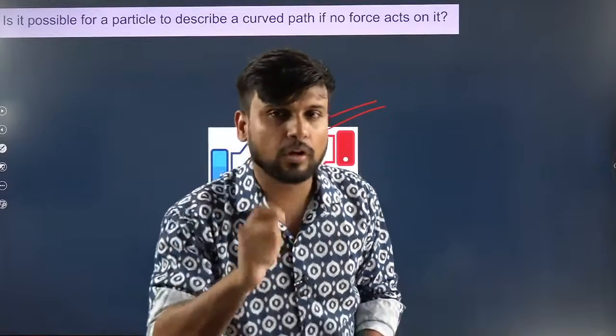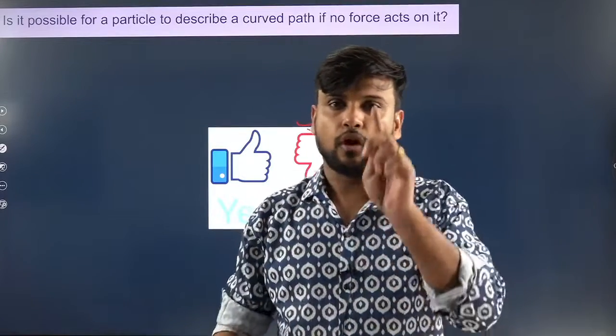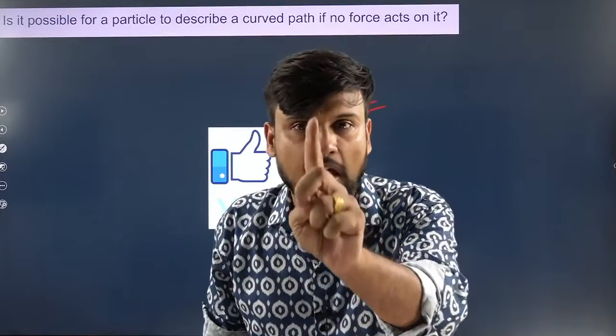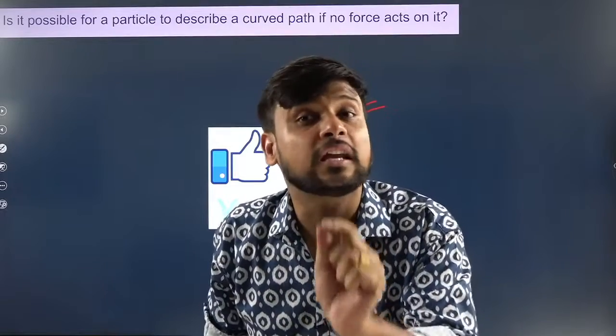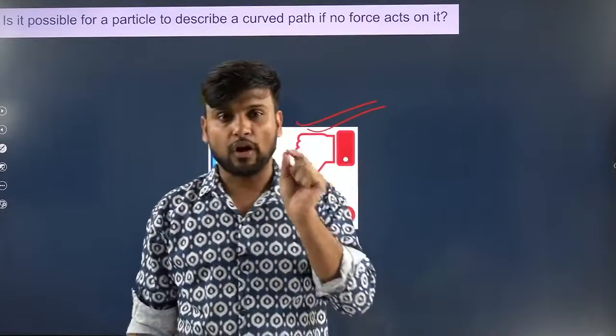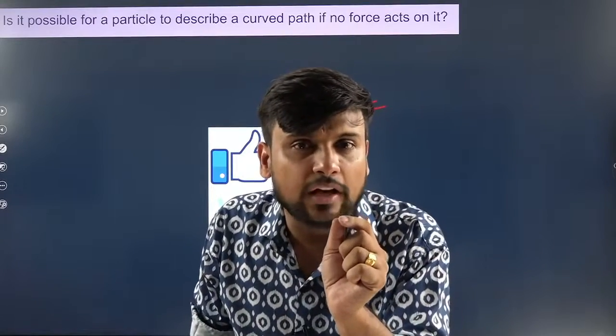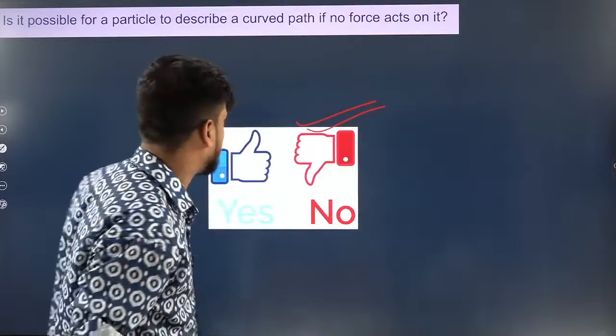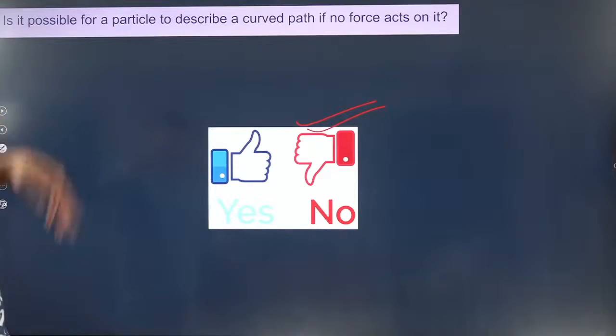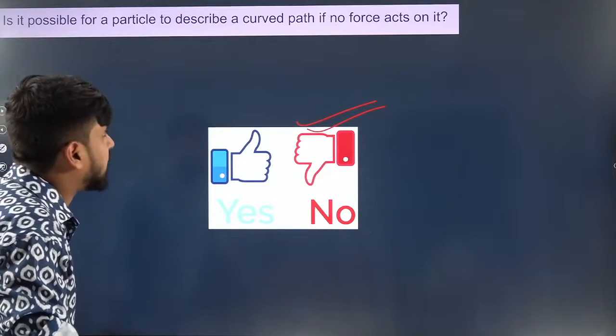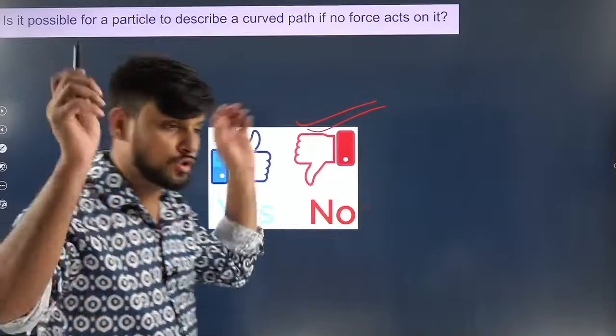So a very important point: for any body to change direction, we need force. So is it possible for a particle to describe a curved path if no force is acting on it? It's not possible.